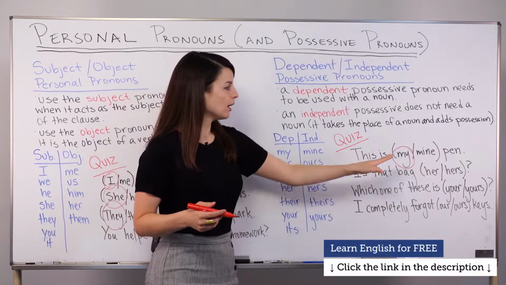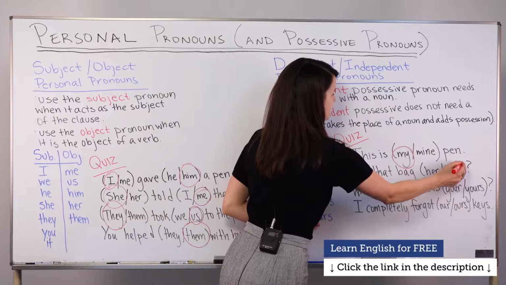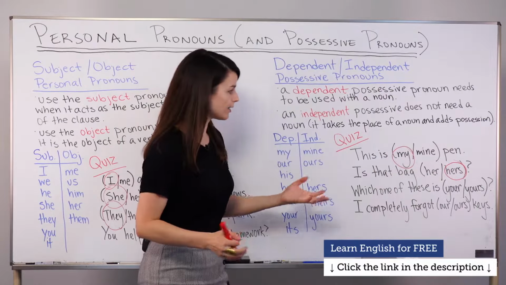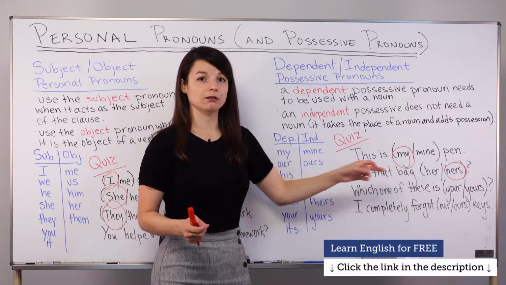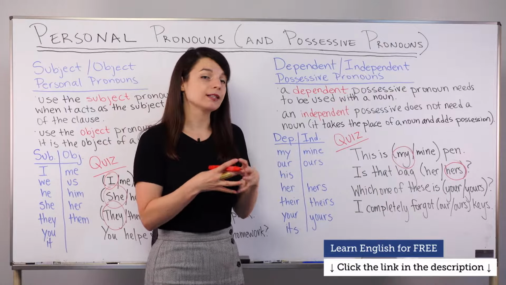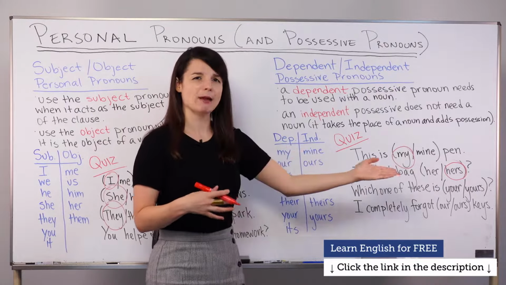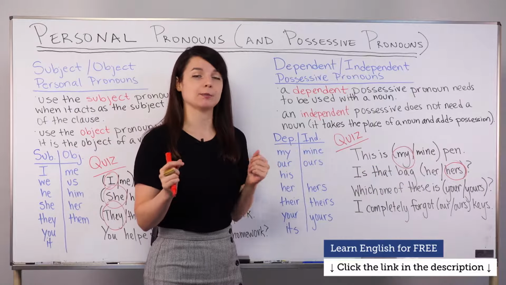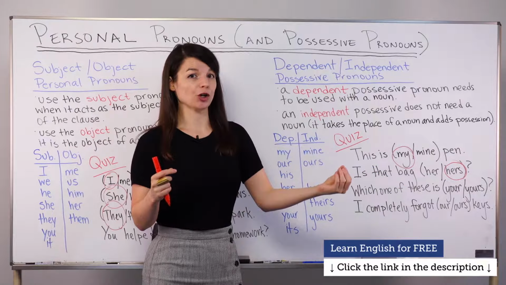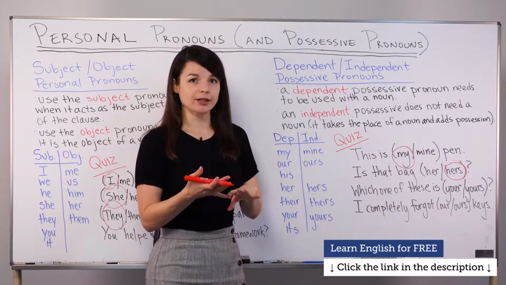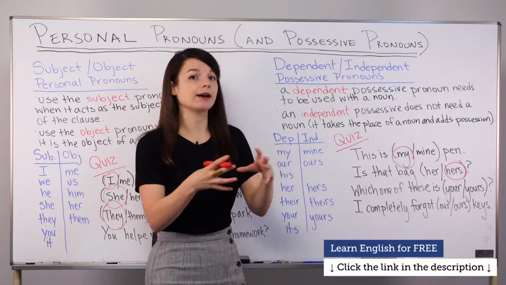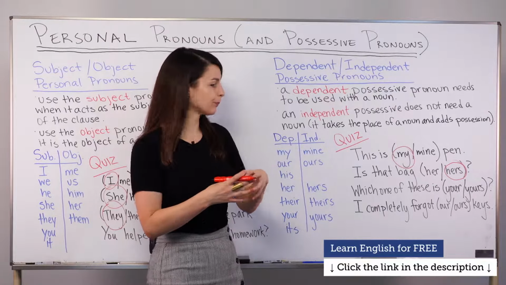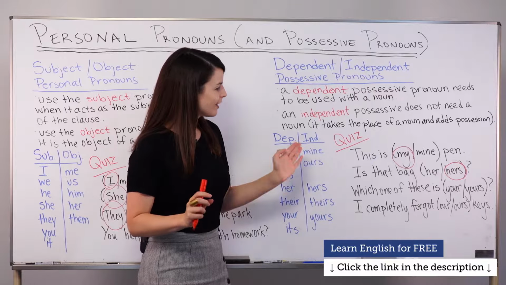So I know that it should be this one because it's not placed before the noun, and it's taking the place of the noun. I could say, is that bag her bag, for example, but is that bag hers? It implies possession and that we're still talking about the bag there.